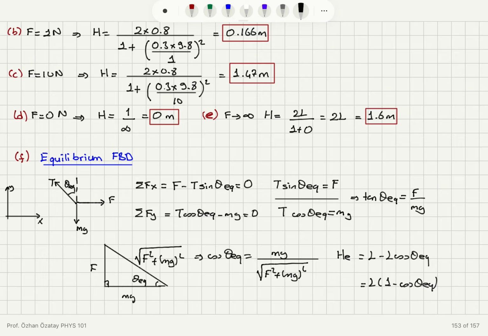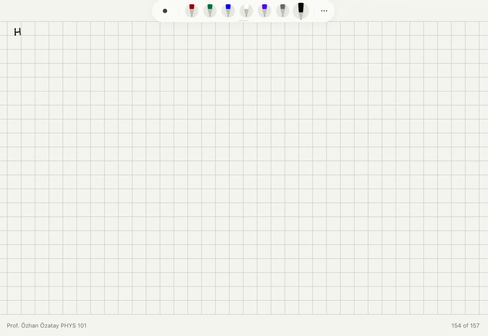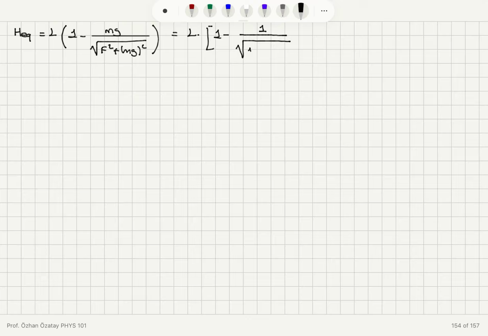Okay, so we can plug this result into this equation to find the equilibrium value of H in terms of F. We find H equilibrium is L times 1 minus cosine theta equilibrium, mg divided by the square root of F squared plus mg, parentheses squared, which is L times 1 minus, now I'm going to divide top and bottom by mg, 1 over the square root of 1 plus F over mg squared.